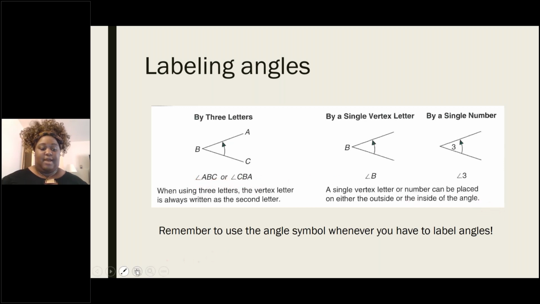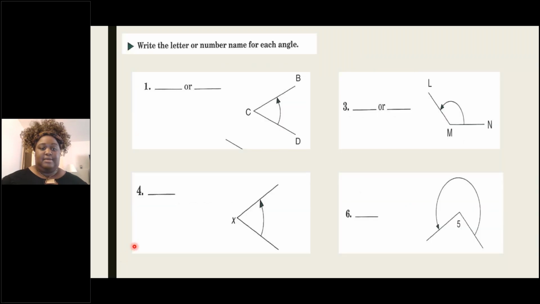So now we're going to practice labeling angles a bit. So you can ignore that line there. But we have this angle here, and we need to figure out how we would label it. So there's two different ways. So I'll give you a minute to answer that.